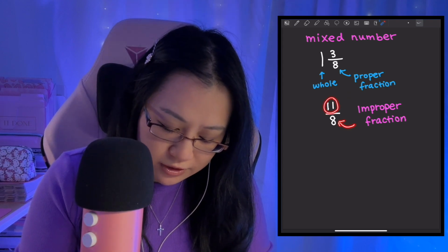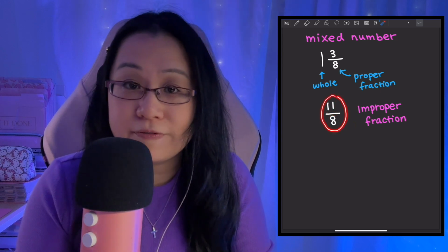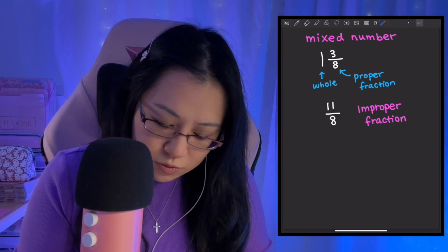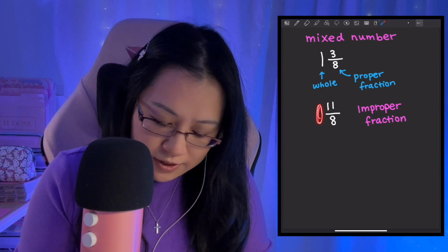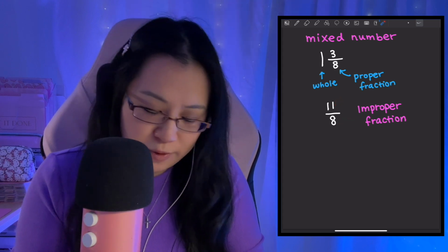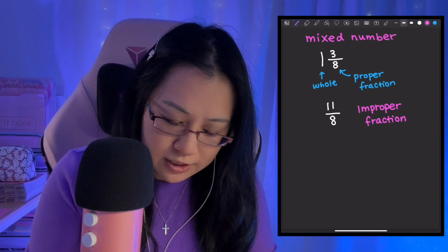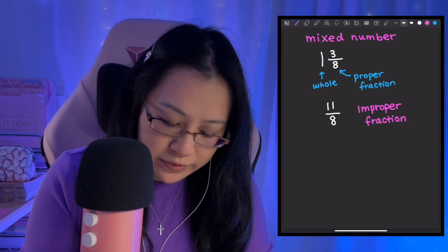So 11 is greater than 8. So this is an improper fraction. But there's no whole number now here on the side, okay? So it's just a something over something, okay? So these are the two situations that we're working with today, that we're converting between.